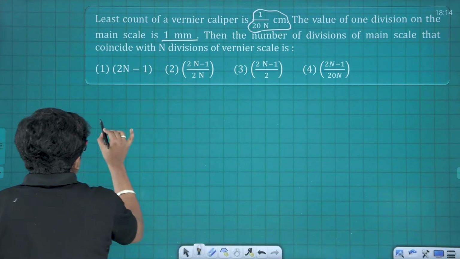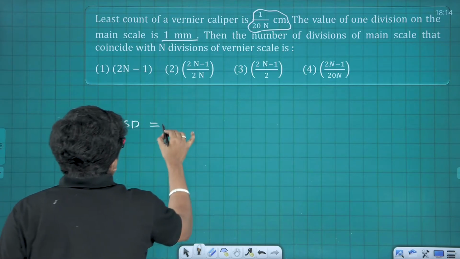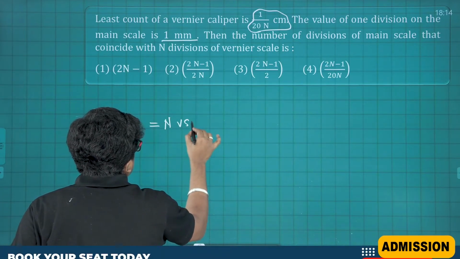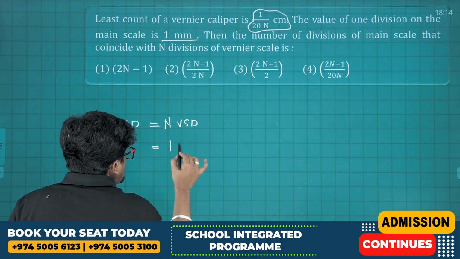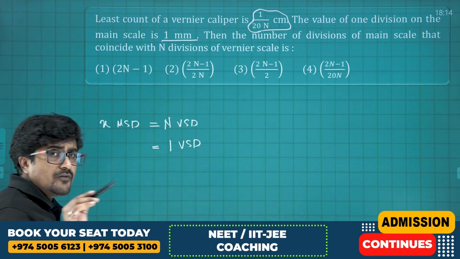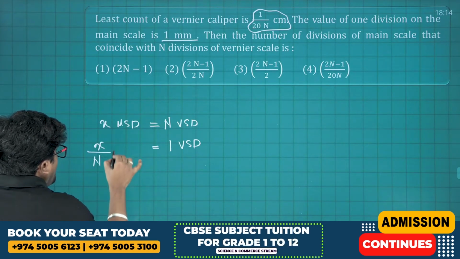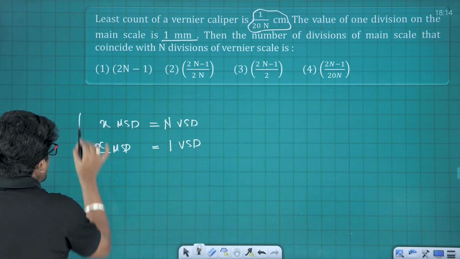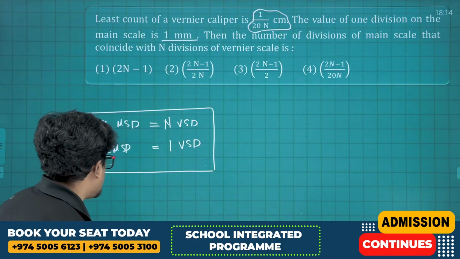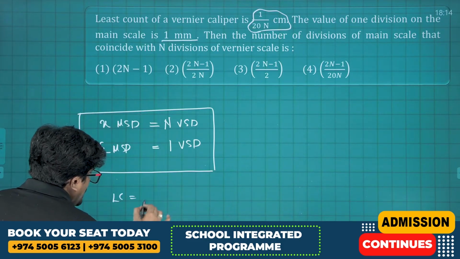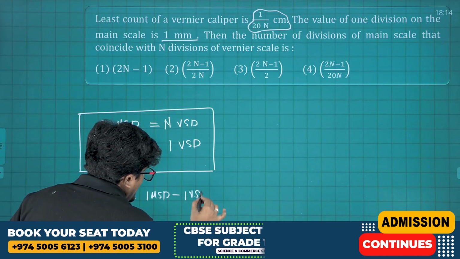So let me say X main scale divisions are equal to capital N Vernier scale divisions. Now what is one Vernier scale division? One Vernier scale division should be equal to X upon capital N main scale division. This is a quite familiar relation for you, how to get the value of 1 VSD. Yes. Now what about least count? Least count is equal to 1 MSD minus 1 VSD.